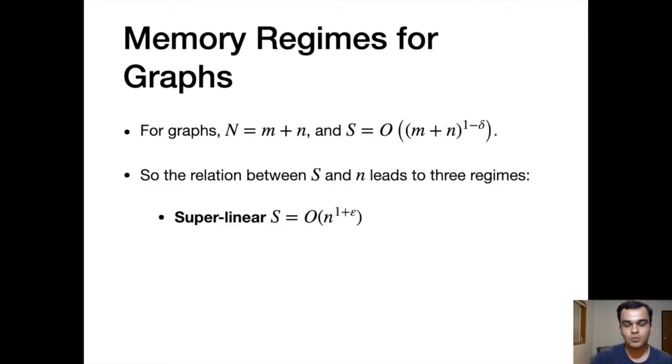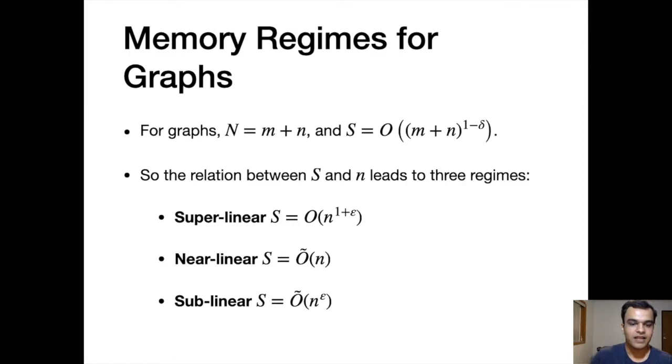The first is the superlinear regime, where S is n to the 1 plus epsilon for some constant epsilon. This regime only makes sense for dense graphs. Then there is the near linear regime where S is roughly order n. And then there is the sublinear regime where S is O of n to the epsilon for some constant epsilon between 0 and 1.